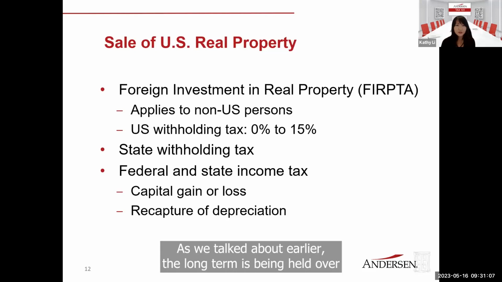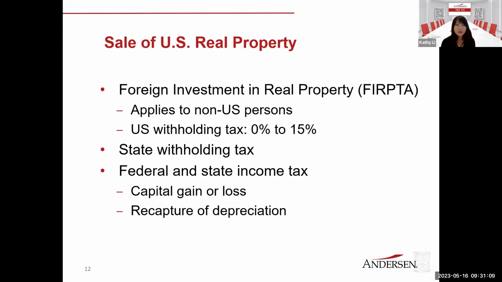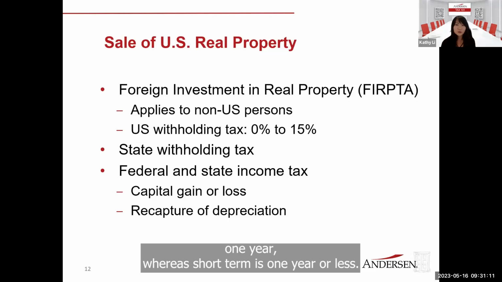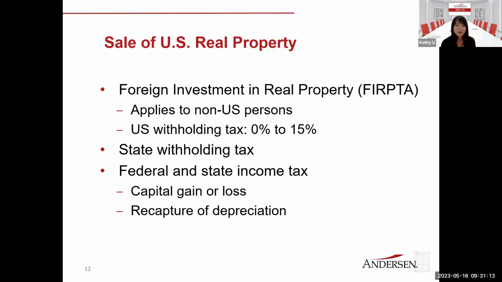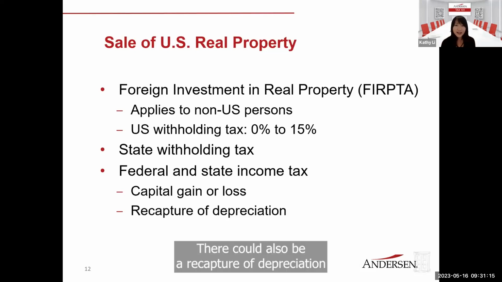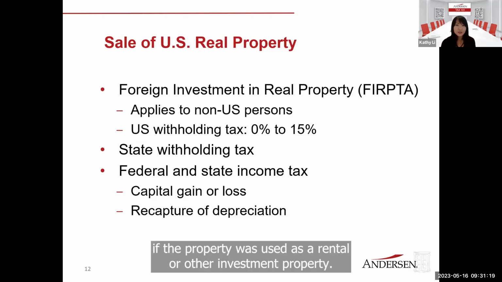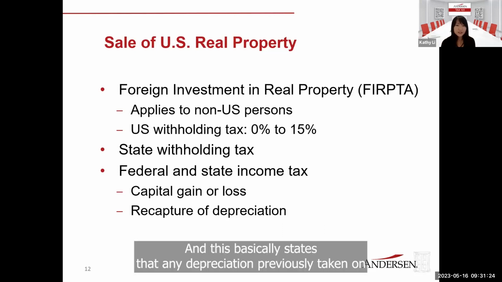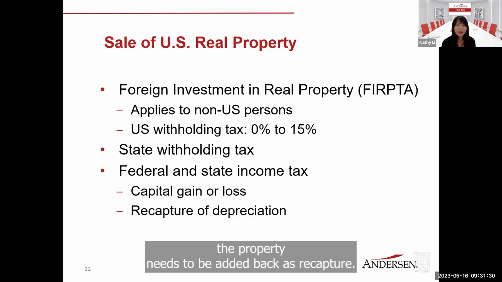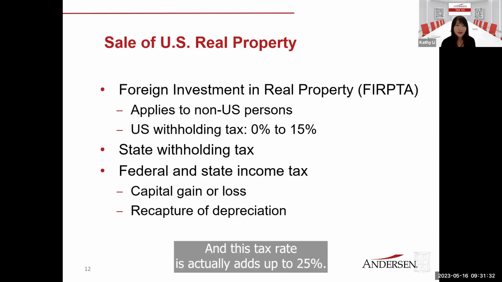As we talked about earlier, long-term is held over 1 year, whereas short-term is 1 year or less. There could also be a recapture of depreciation if the property was used as a rental or other investment property. Basically, any depreciation previously taken on the property needs to be added back as recapture, and this tax rate is up to 25%.